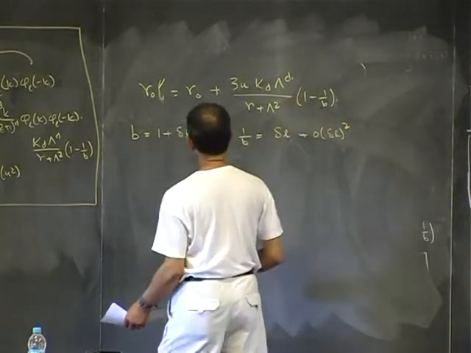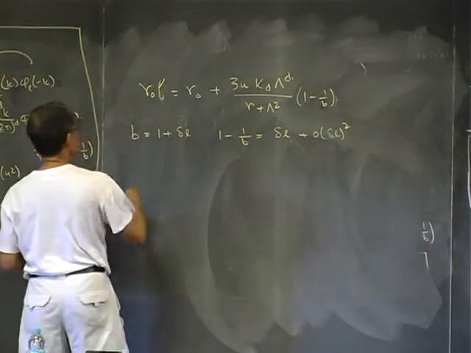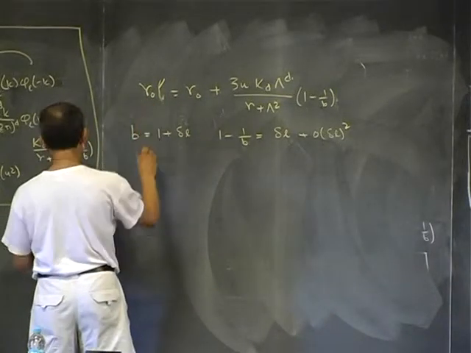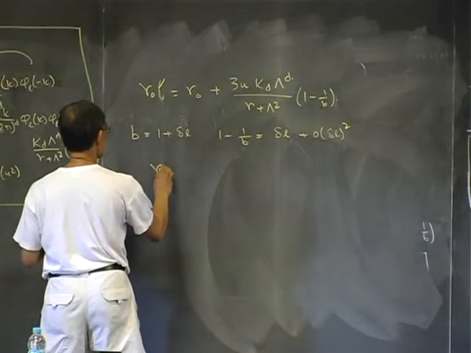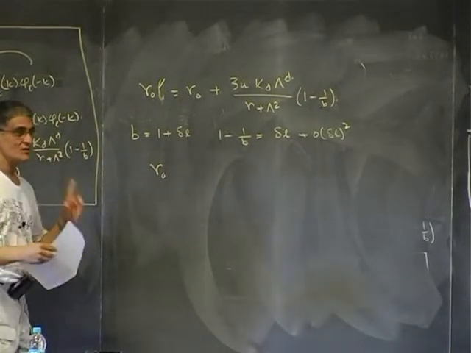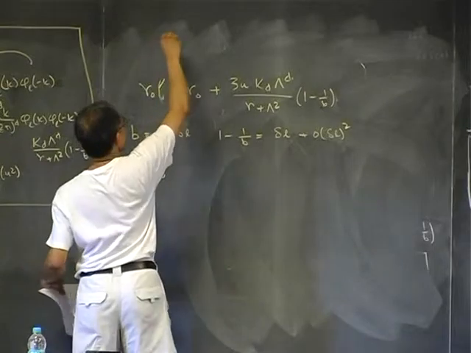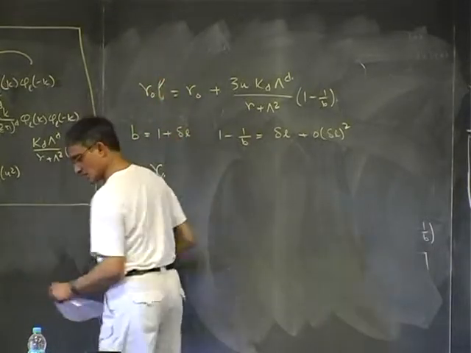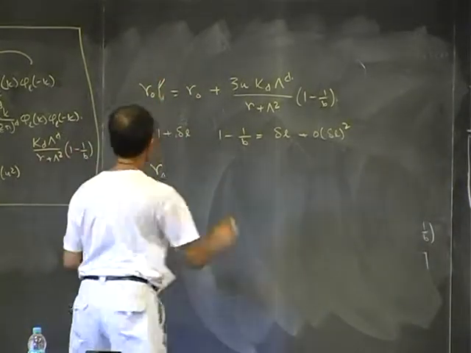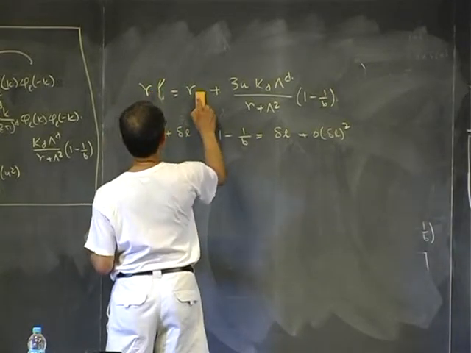So I replace this by delta L. This is the value of, so now comes the next step. So let me write first r. It's not r, no. This is r.